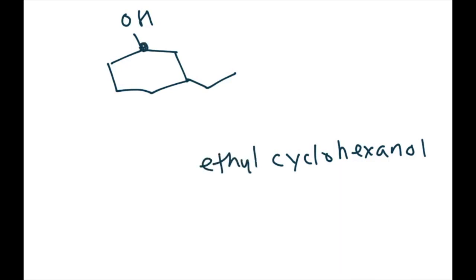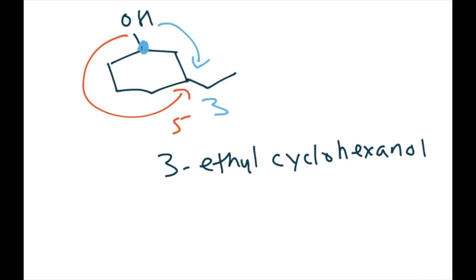I have 2 ways I can number. Make this blue. I can number this direction and get 3-ethyl, or I can number this direction and get 5. Either way, my alcohol is going to be number 1. So I'm going to number in the blue direction because that gets me the lowest number for my next substituent.